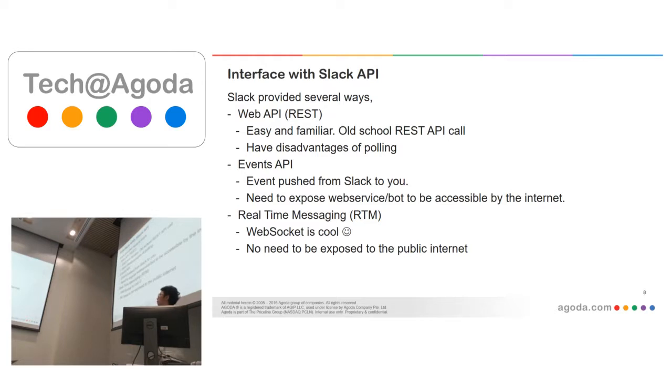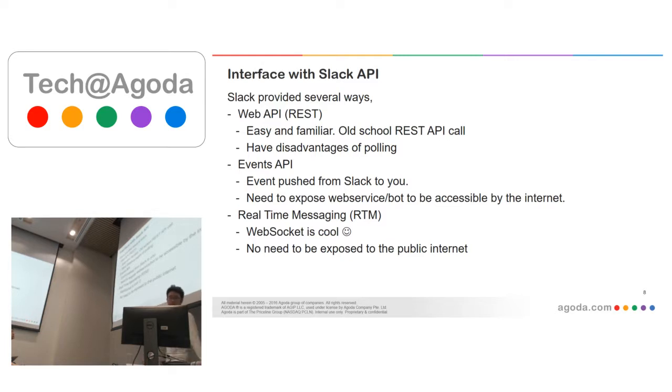And the next one is real-time messaging. Real-time messaging is like you open a WebSocket to Slack, and that's all. Just keep that channel open, and Slack will push you messages, so you don't have to call it every second or every minute, something like that.